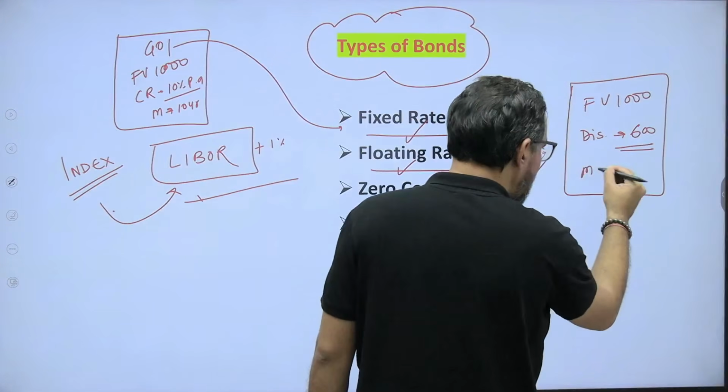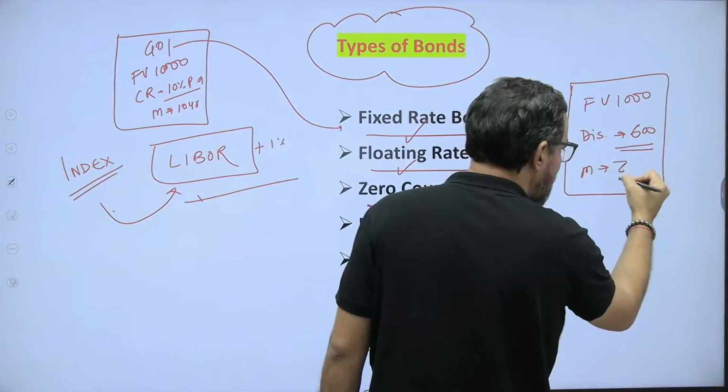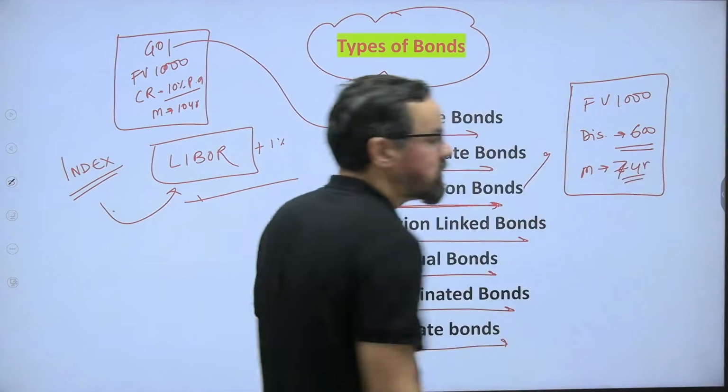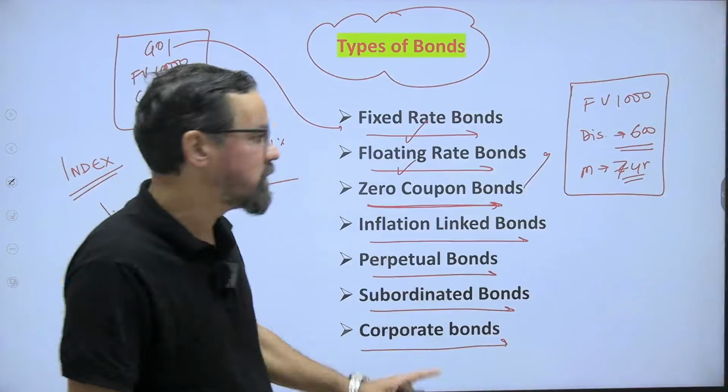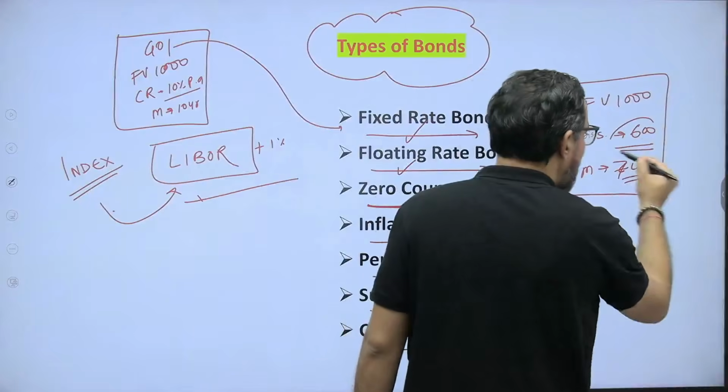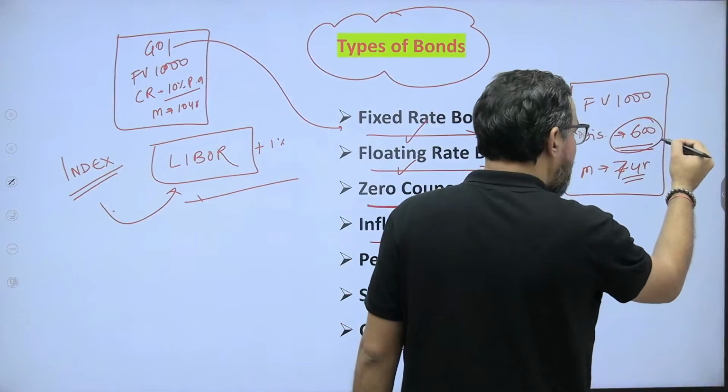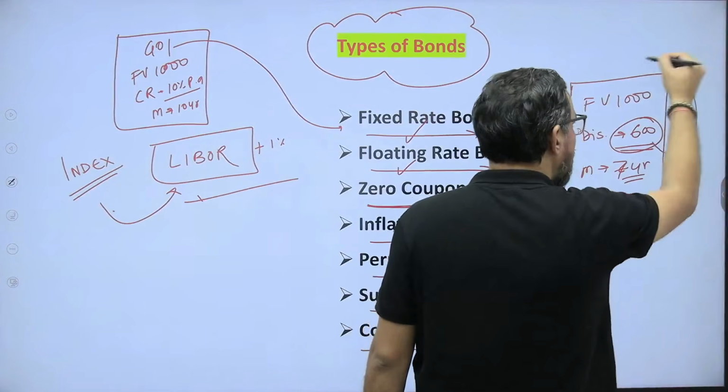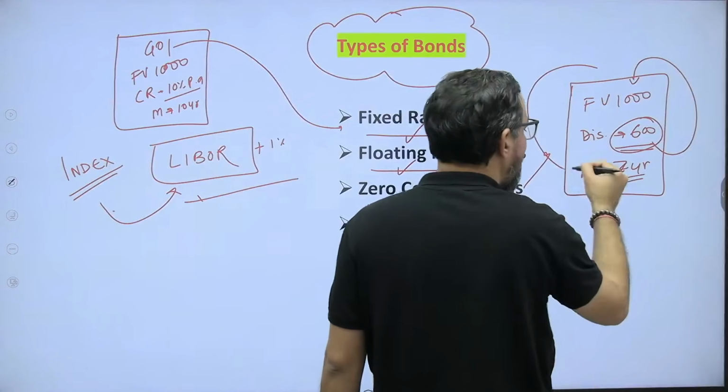And the maturity period is supposed to be 7 years, okay? So what the government is saying in this particular case is, you give us 600 rupees right now, and we will pay you 1000 rupees at the time of maturity.